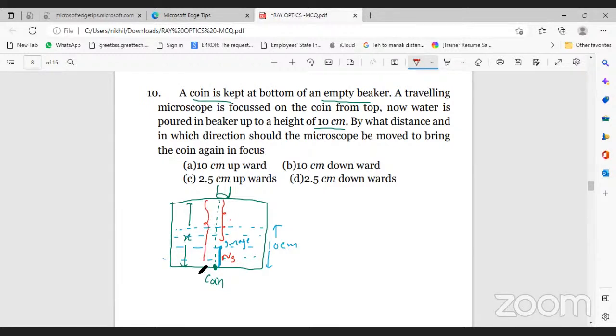So normal shift, real depth, and this is the apparent depth. Now, you can find what this apparent depth is, right? Real depth by refractive index. What is the real depth of the water medium? x.